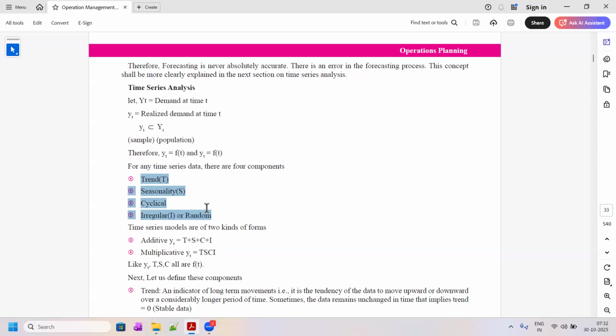So seasonality represents the regular and repeating pattern within the year. Examples: higher sales of air conditioners in summer, or a festival season shopping spike. Like an example of seasonality can be AC repair, which will happen mostly in the summer season, and during Diwali or Dussehra sales would be very high.